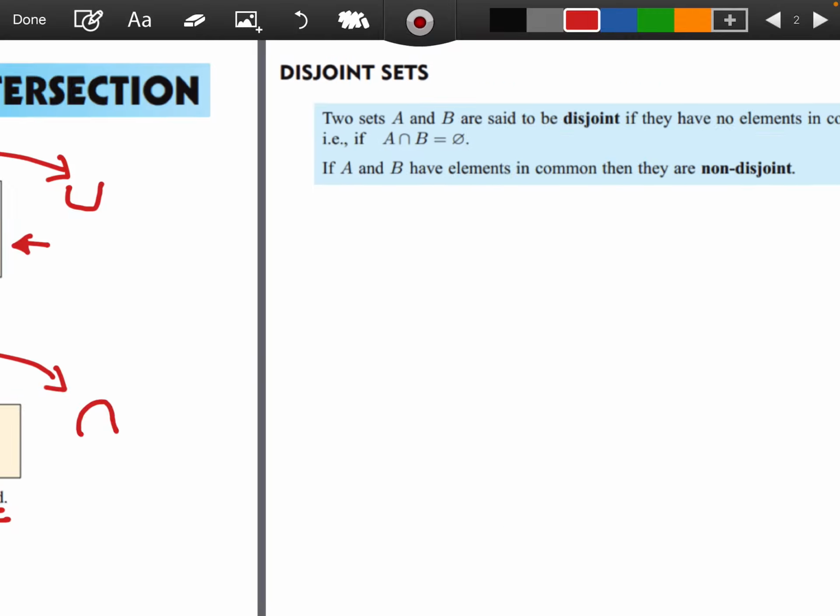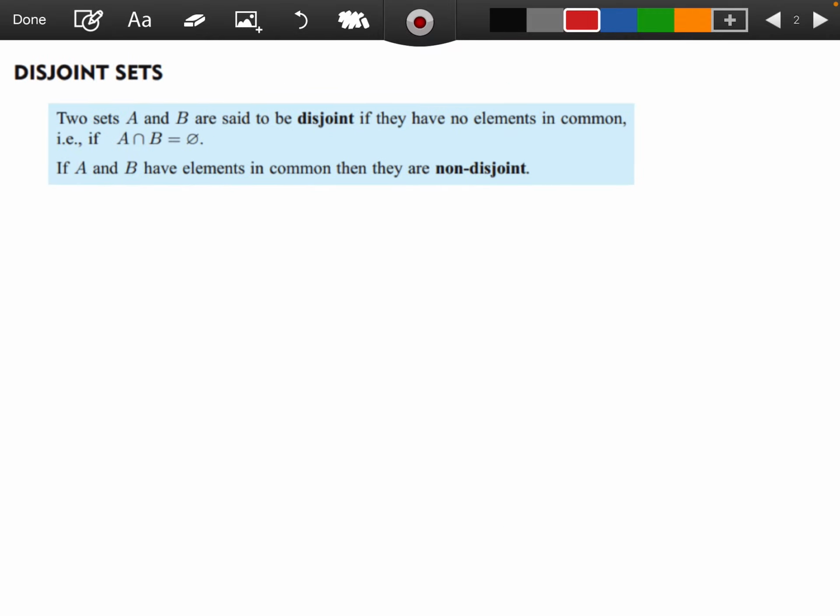Union and intersection are two words you just need to remember, along with the symbols that go with them. The next new vocabulary term is disjoint sets. Two sets, A and B, are said to be disjoint if they have no elements in common. So the intersection results in an empty set.